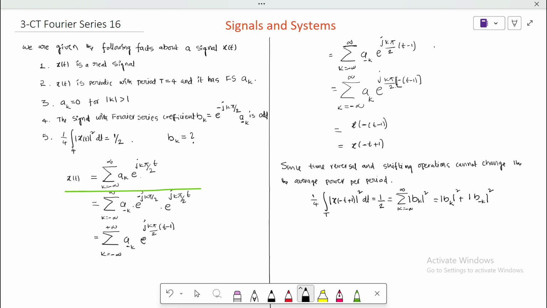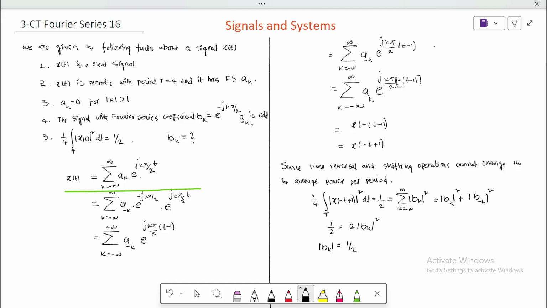Already it has been discussed in the conjugate symmetry property, so both are the same. So this 1 by 2 equals 2 into mod of b_k square, so mod of b_k equals 1 by 2.